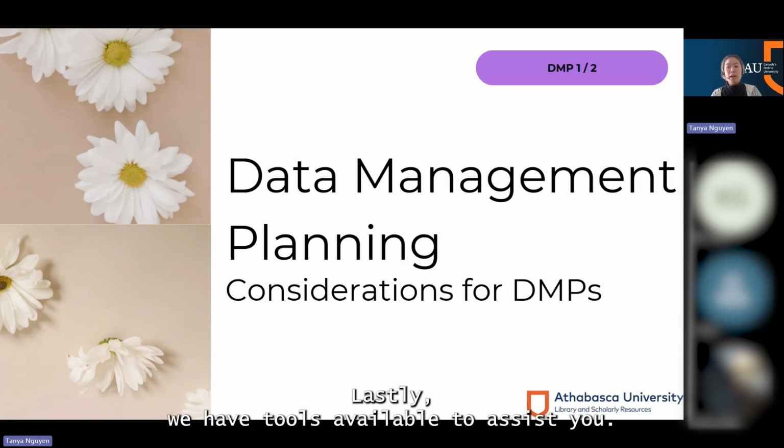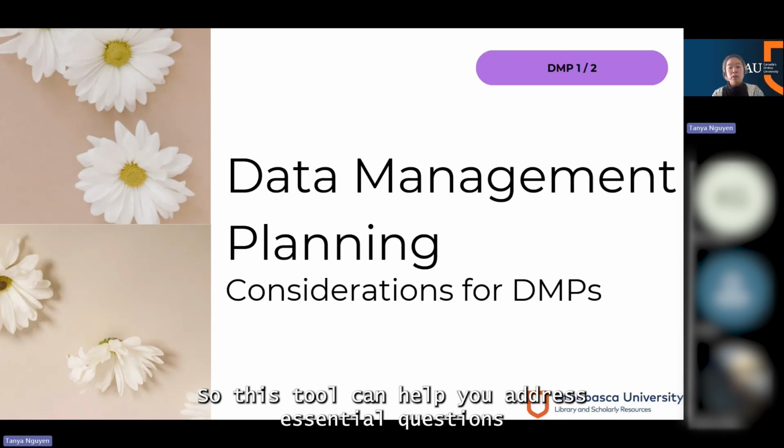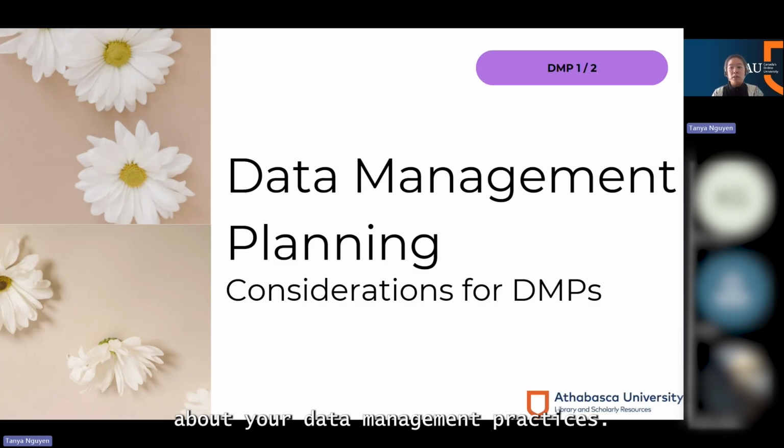Lastly, we have tools available to assist you. The DMP Assistant is a valuable free resource that provides templates to guide you through the process. So this tool can help you address essential questions about your data management practices. So we'll go over this tool next week at the same time.